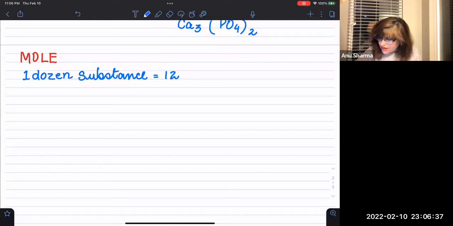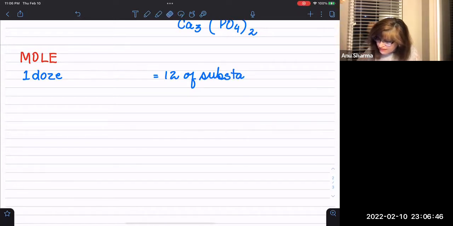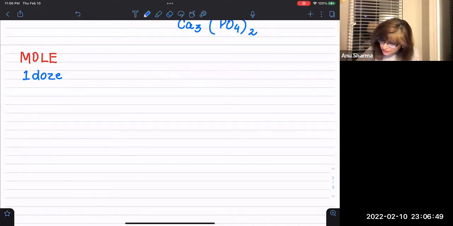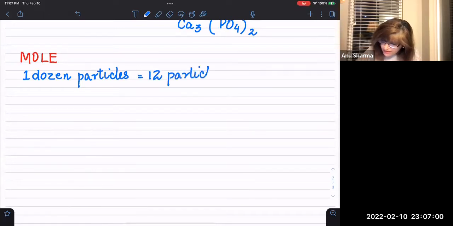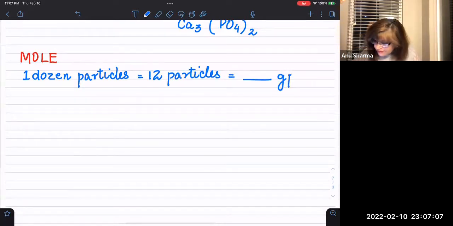So 1 dozen particles is equal to 12 particles, and these 12 particles are equal to whatever their weight is in grams.